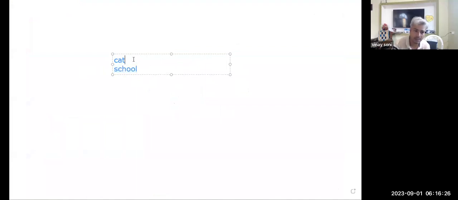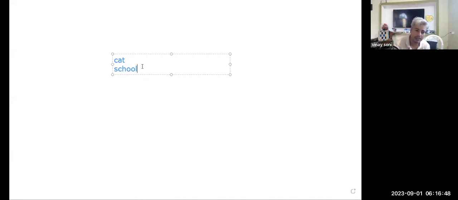When you say cat, it is made up of 3 sounds. One is k, the second sound is a, and the third sound is t. So we put these sounds together and we say cat.